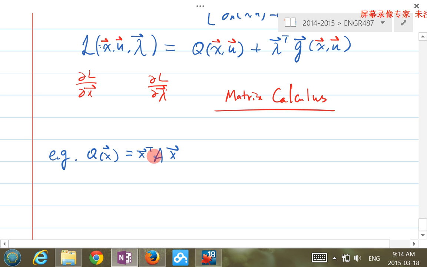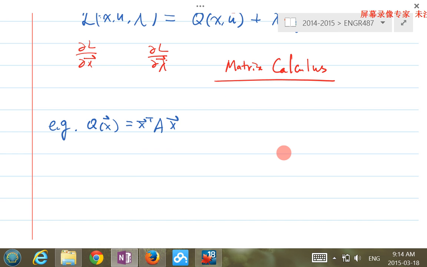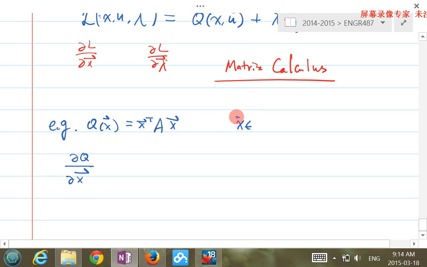This is mostly what we're going to do. This is called a quadratic form, right? Remember I said this is a quadratic form. What is partial Q over partial x? Bearing in mind x is an n by 1 real vector, and A is an n by n square matrix.